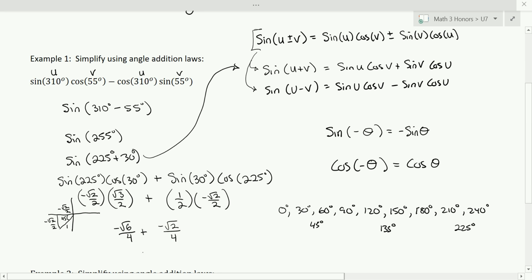So now I'm going to make one fraction over 4. So negative root 6 minus root 2 all over 4. And that's our answer. Or you could factor out the negative and it will look like this: root 6 plus root 2 all over 4.